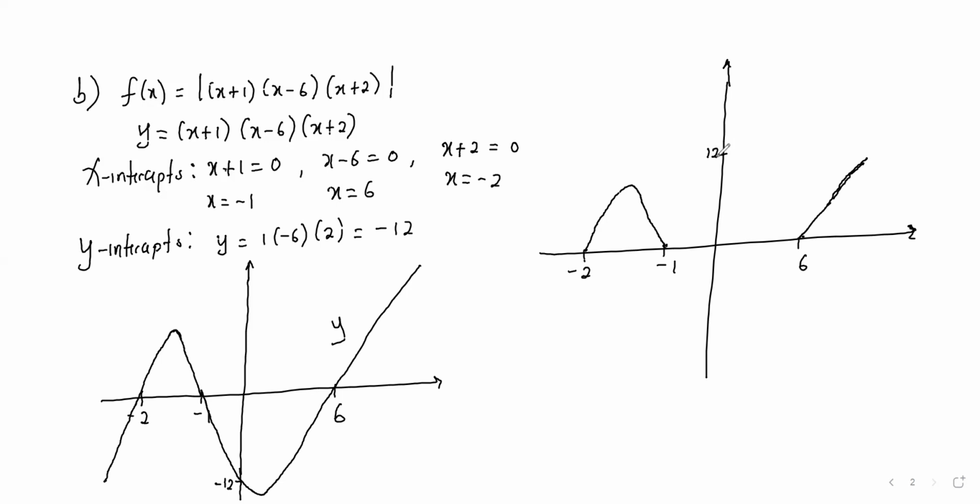And so the function is now up. And where it was going down after negative 2, it goes up. And that's how we put the graph there. This is now f of x.